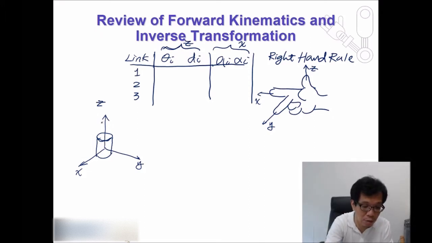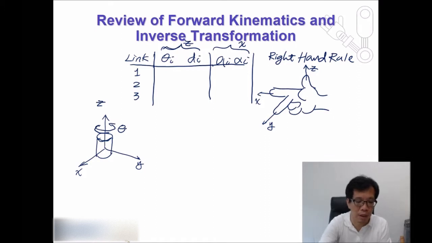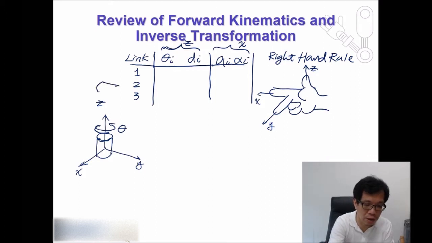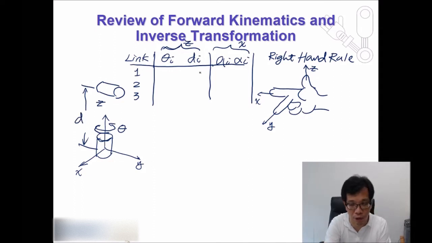And since we know theta and d are related to the z direction, it is going to be something like this, and this is going to be my theta. If you attach another coordinate system, another joint, over here, the distance between this one and the root of this one is going to be my d. That you should put over here.